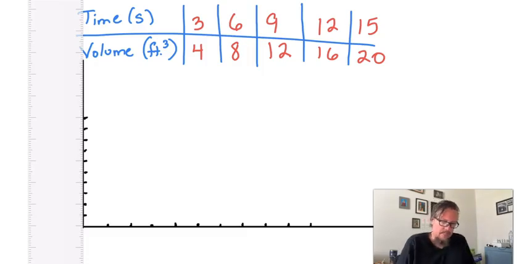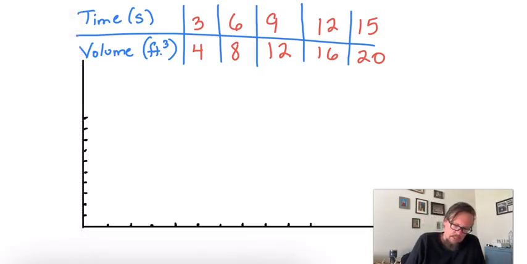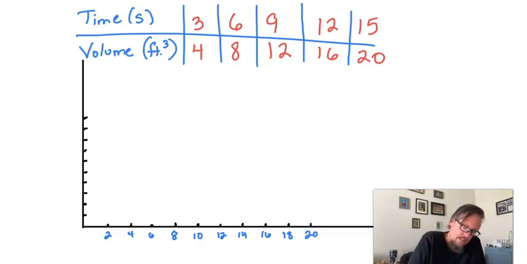Okay, so my x-axis is scaled out going 2, 4, 6, 8, 10, 12, 14, 16. I could have stopped at 16, I guess, but we did a little extra. That's okay. And the y-axis I made a little more compact: 2, 4, 6, 8, 10, 12, 14, 16, 18, 20.